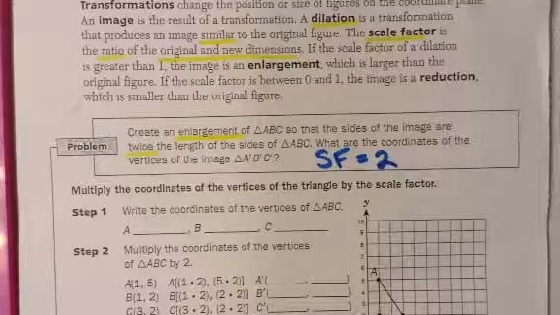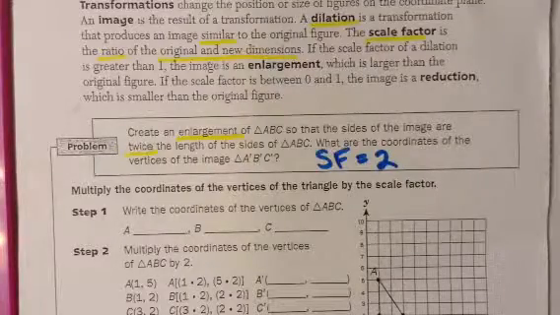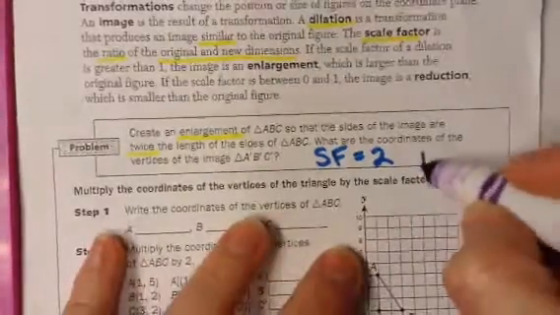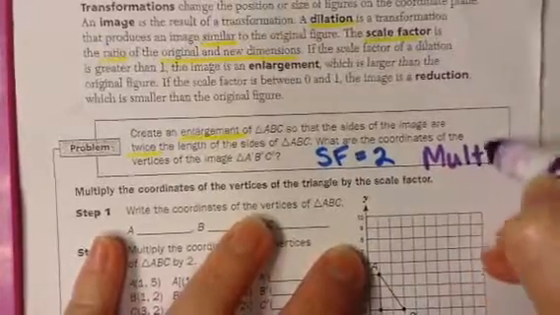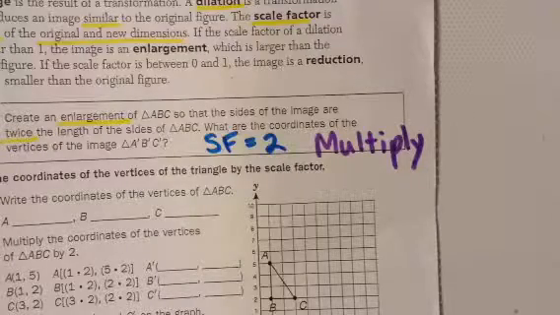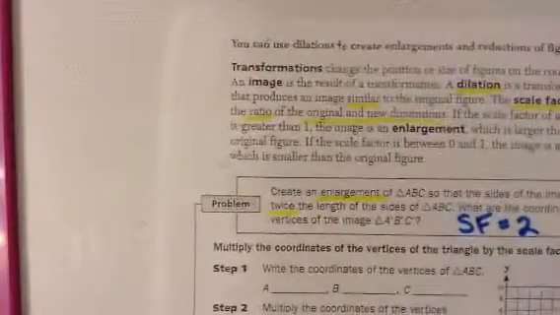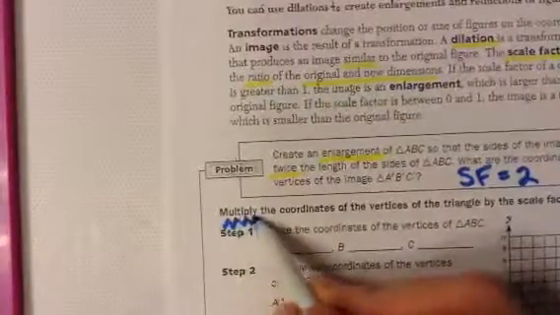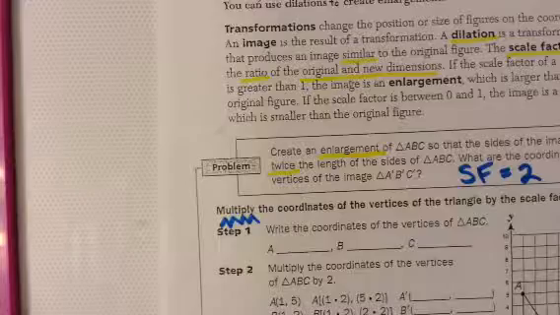And whenever you have the scale factor, they're telling you what to multiply by. I will multiply by the scale factor. Okay, so it says multiply the coordinates of the vertices of the triangle by the scale factor.